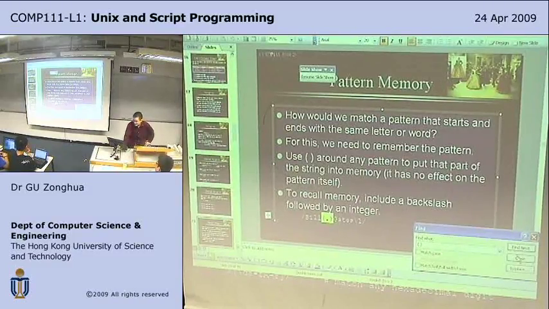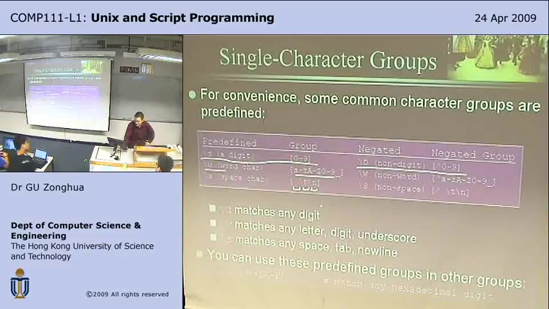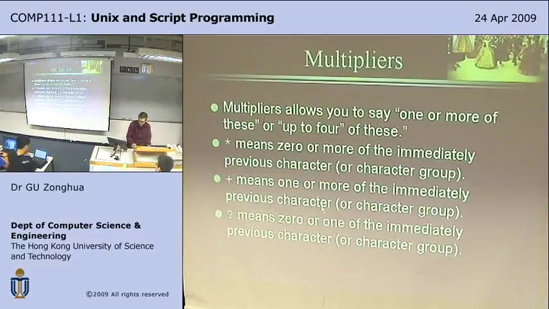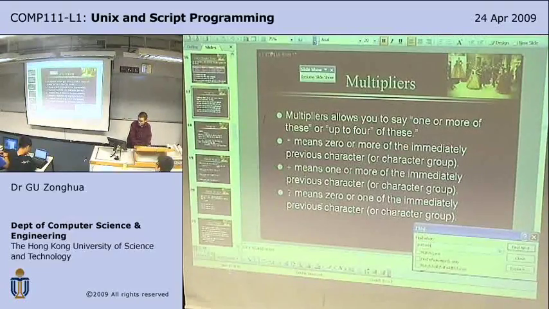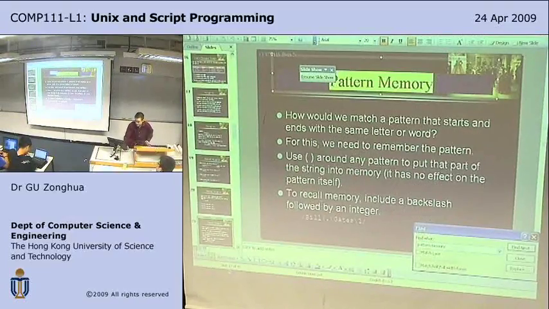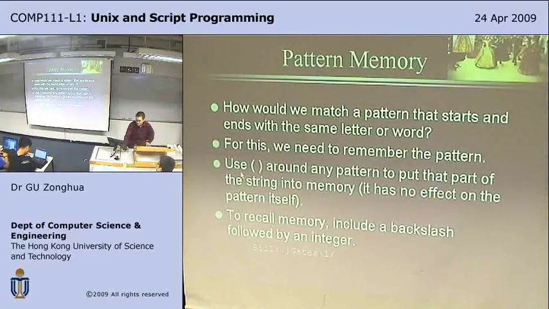So this is pattern memory, just for review. Use the parentheses around any pattern to put that part of the string into memory. And to recall memory, you use backslash followed by an integer. So this will match Bill followed by a single character, any character, followed by Gates, and followed by the same character.